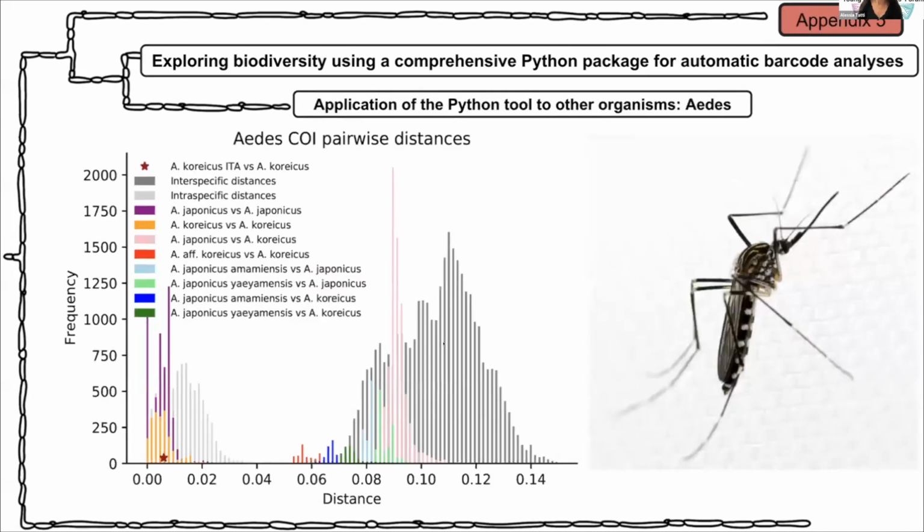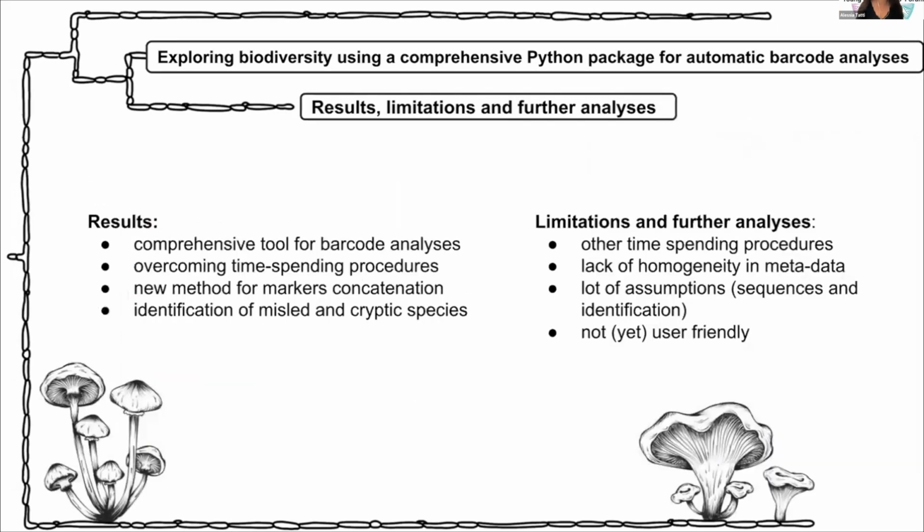You can also apply the code to whatever organism you want. And we tried it on Aedes. In this case, we were able to find 3 cryptic species in Aedes japonicus and 1 in Aedes koreicus. So to conclude, I developed a comprehensive Python tool for barcode analysis that overcomes some time-consuming procedures, such as the creation of a data set and the cleaning of the alignment.